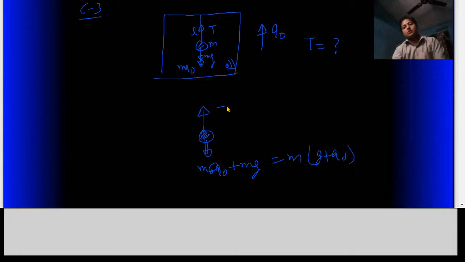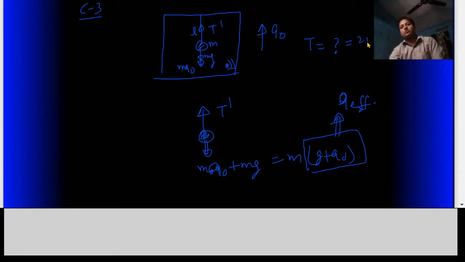It is balanced by the tension T'. So the effective acceleration is g plus a0. So the time period comes out to be 2π under root L over (g plus a0).